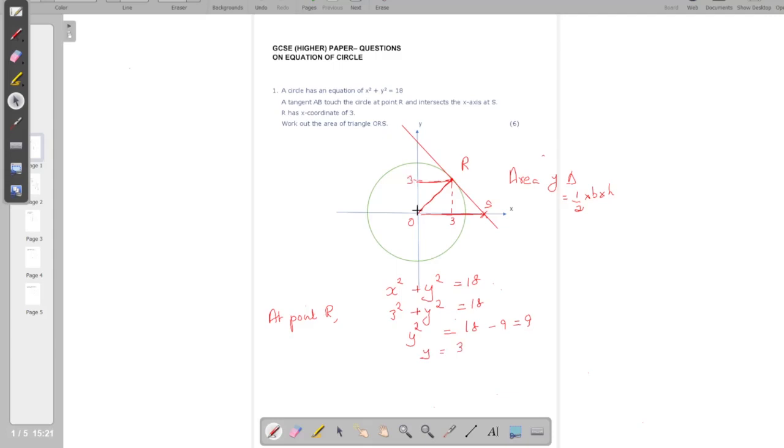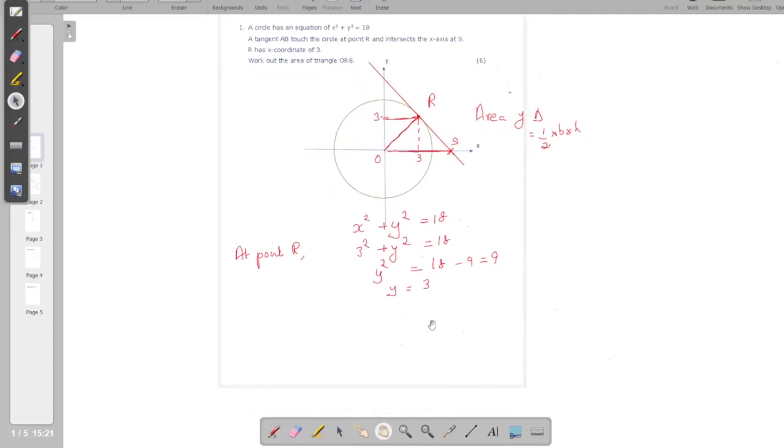So we can find the gradient of OR, which will help us to find the gradient of the tangent. So let's work out the gradient of OR. Change in y over change in x, 3 over 3, which is 1.